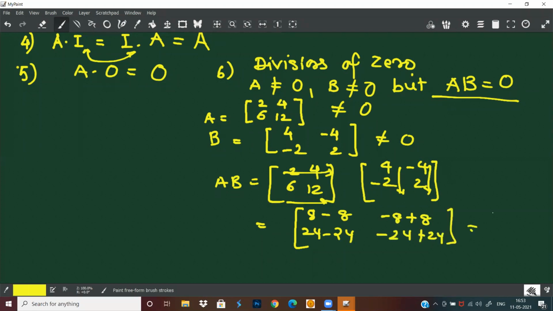It came 0 0 0 0. Understood? A and B are both not null matrices, but their product is a null matrix. So A and B are called divisors of zero. So matrix algebra is a bit different. That's why I'm giving you all the laws in a row.